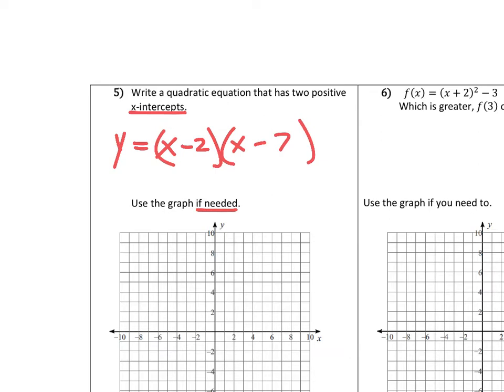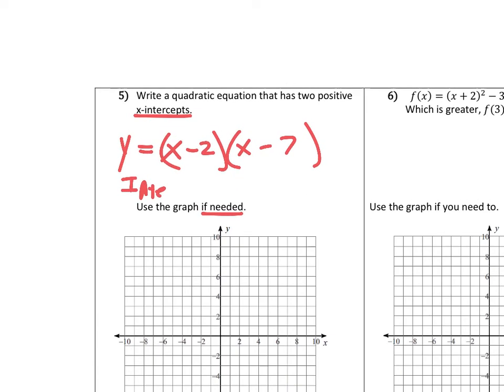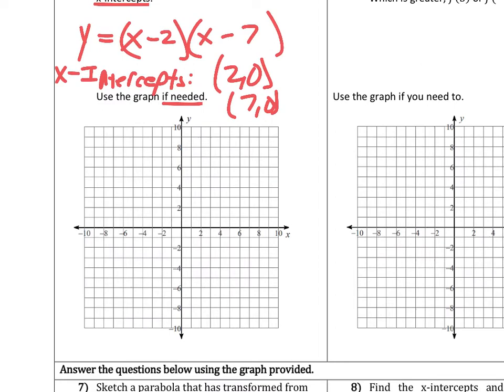Okay, so here the intercepts are at 2 and 7. The x-intercepts, that is. Okay, and that would be at (2, 0), because 2 makes it 0, and (7, 0). Okay.